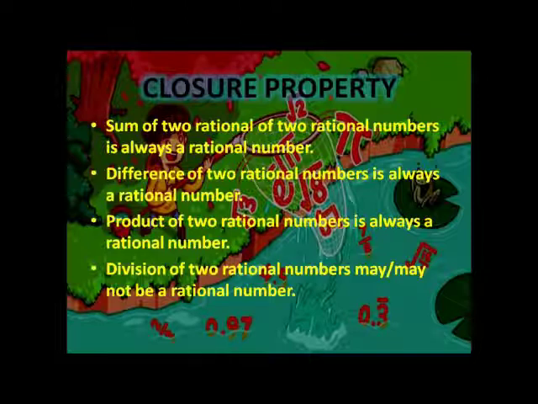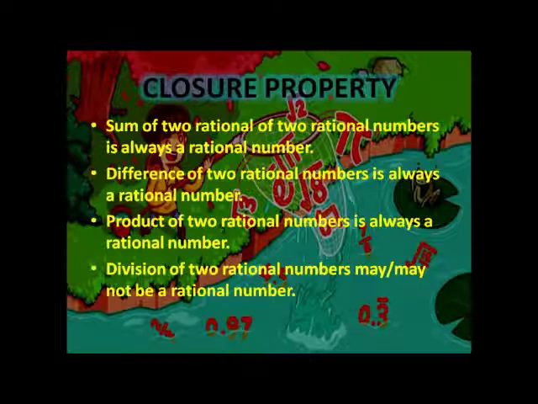Let us take an example. Let us take a and b as two rational numbers. Then the sum of a and b will be a rational number. That is, if we add a and b, the result will also be a rational number.